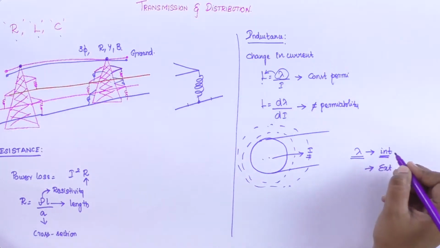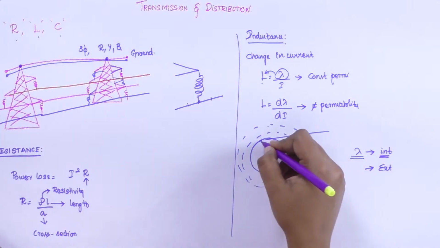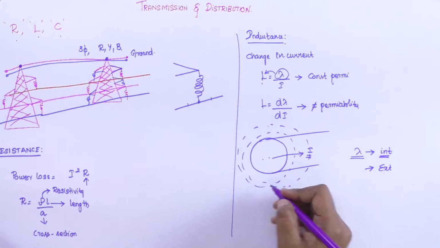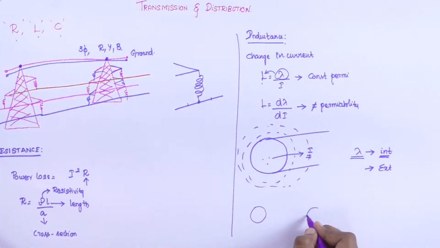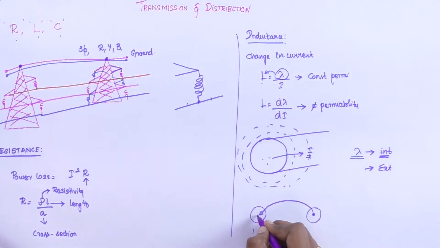Internal flux linkage is the flux linking with the conductor that is present only inside the conductor. External flux linkage concerns, for example, a single-phase transmission line, where there are two conductors, positive and negative. How does flux link with this conductor when we account for its inductance? In a three-phase circuit there are three conductors.